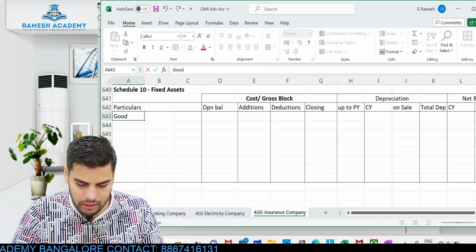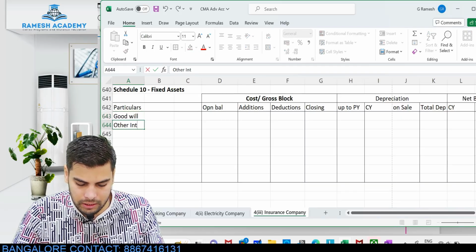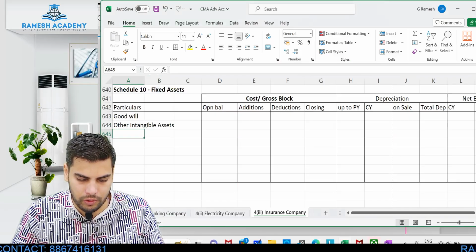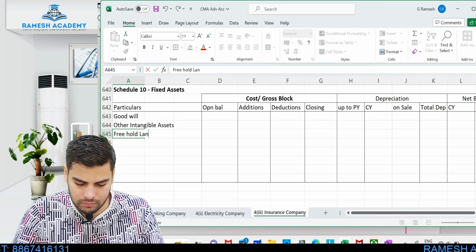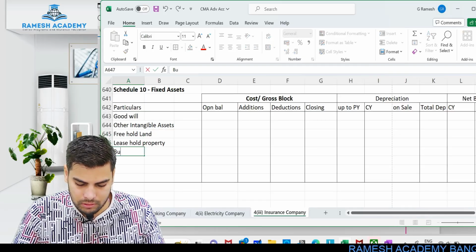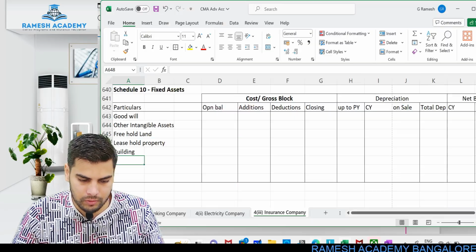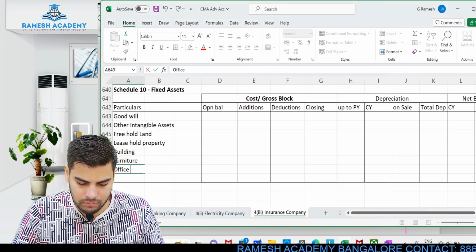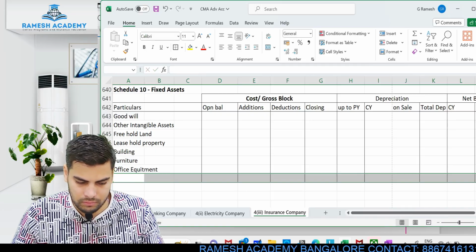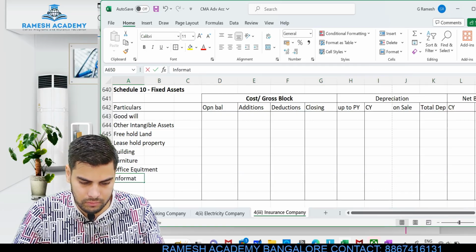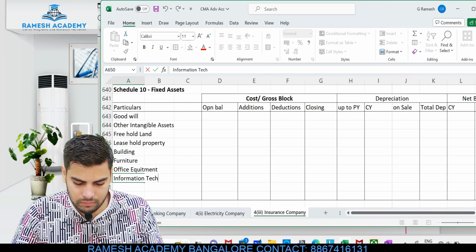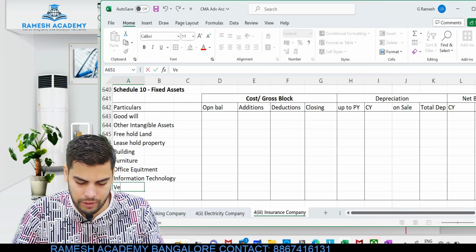So I'll just write it over here: goodwill, other intangible asset. Then freehold land, leasehold property, building, furniture, office equipment, information technology, vehicle.